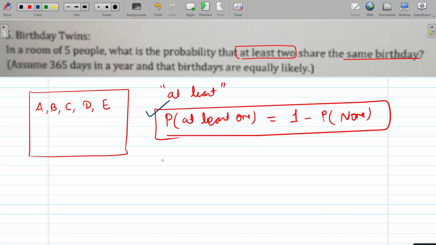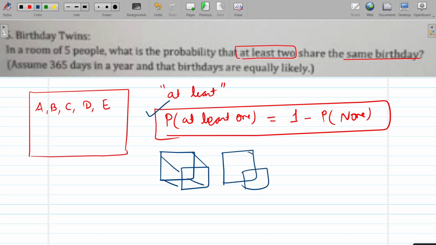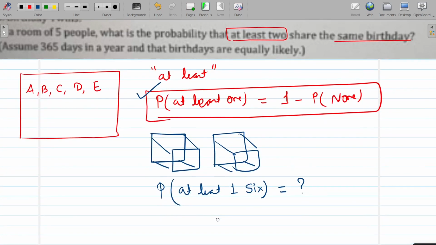For example, suppose you have rolled a pair of dice and we are finding the probability of getting at least one 6.